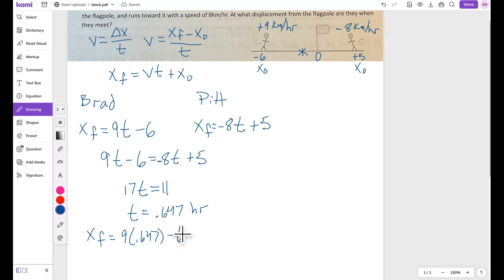If I do 9 times 0.647 and then subtract 6, I get negative 0.18 meters. So this right here, negative 0.18 meters, is where both people will be when they meet. So that would be the final answer, because that is the final position. And that should be it.